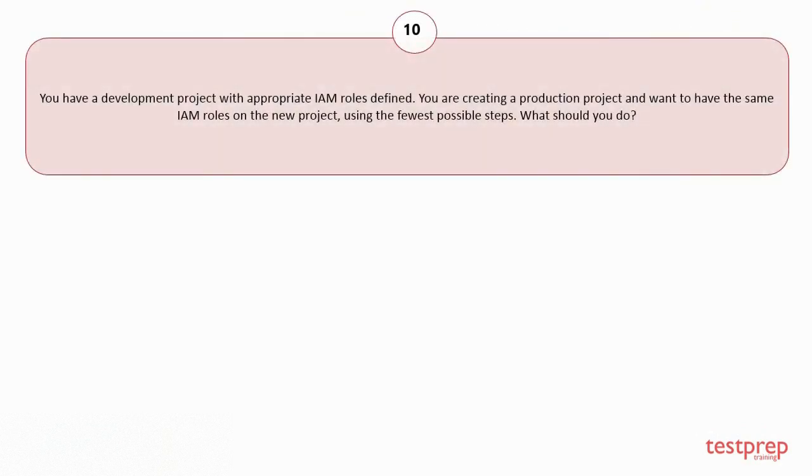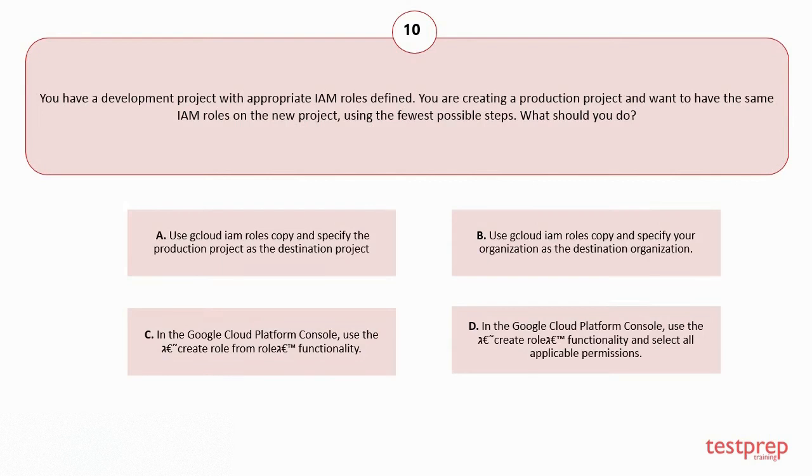Question number 10. You have a development project with appropriate IAM roles defined. You are creating a production project and want to have the same IAM roles on the new project, using the fewest possible steps. What should you do? Your options are: A. Use Cloud IAM roles copy and specify the production project as the destination project.